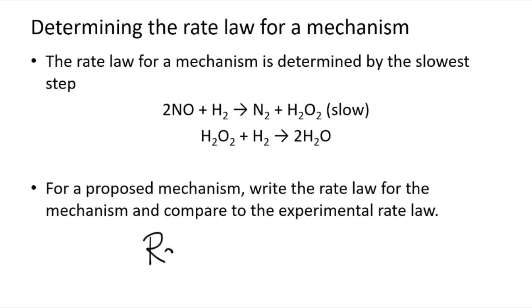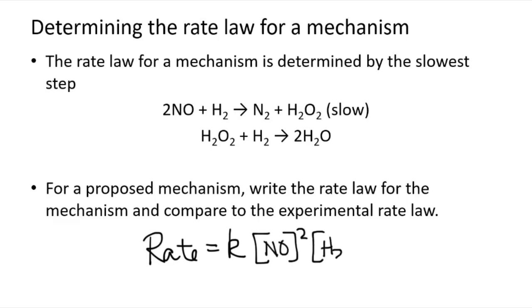So the rate equals K times NO squared times H2. The steps that happen after the slow step do not affect the rate. So that's the rate law for this mechanism, and now we could get some experimental data and see if this mechanism could be a reasonable fit compared to our experiments.